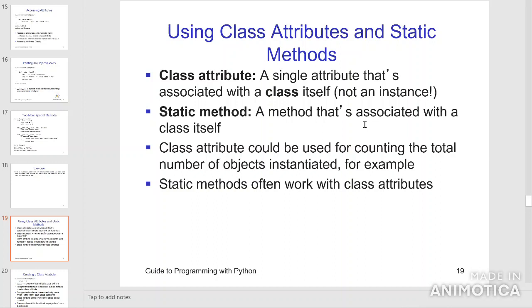So that means whenever you create a new instance, it doesn't change the static value. There is only one static value. It's associated with the class, not the instance. It's the same as static values in C++.